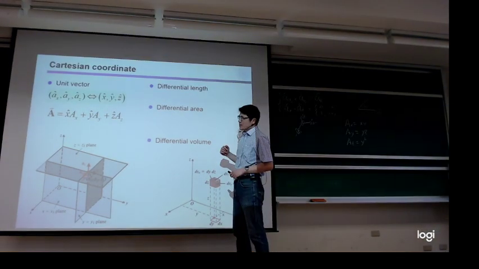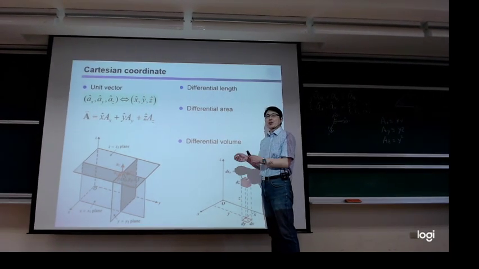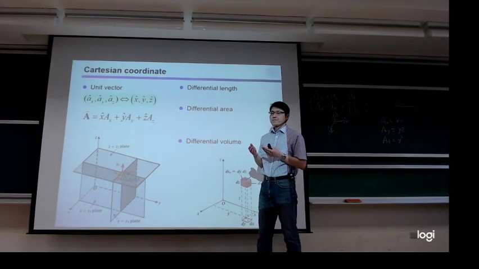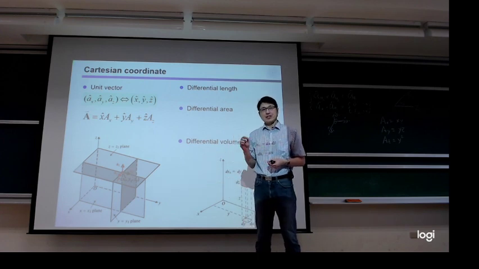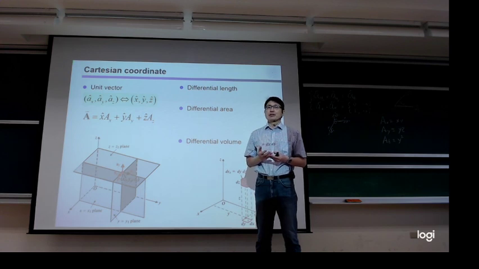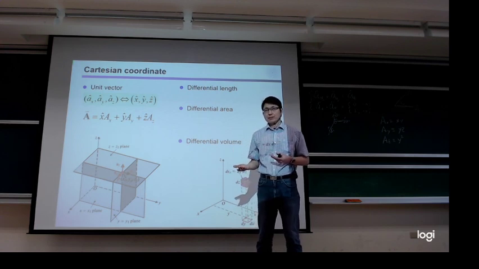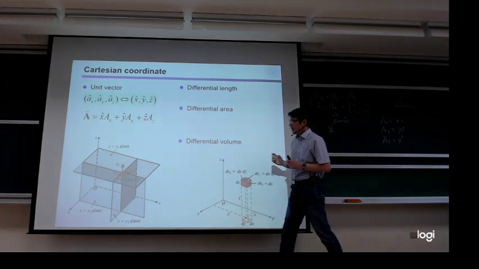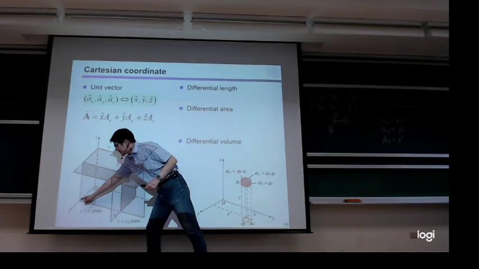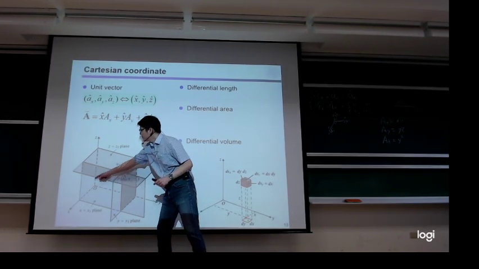So the question is, once we express some position for a given vector using Cartesian coordinates, how do we express the resulting differential length? What I mean is, I have x, y, and z.